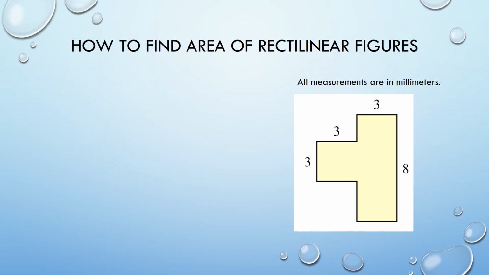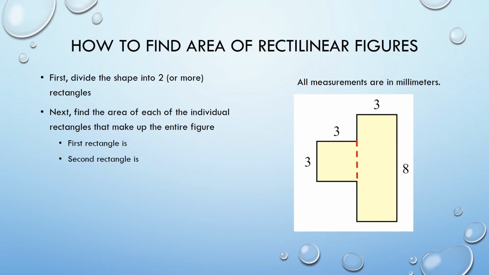Here's another example. This time all the measurements are in millimeters. So first we're going to divide the shape into two rectangles. Then we're going to find the area of each individual rectangle. So our first rectangle is a 3 by 3, which equals 9. And our second rectangle is a 3 by 8, which equals 24.